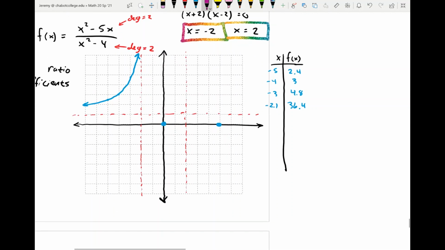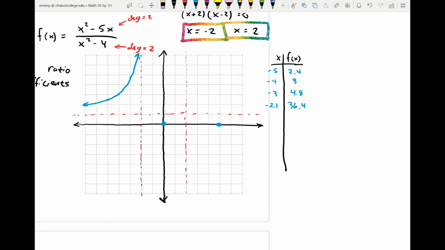Here, maybe I'll switch colors because now I'm looking at this middle region. Again, same kind of question: close to these asymptotes, what is the behavior going to be? Is it going towards negative infinity or positive infinity? The way we check is we plug in a value that's really close to that asymptote, but just to the right. What's a good value just to the right of the asymptote at x equals -2?